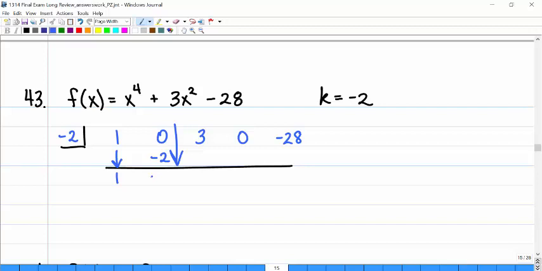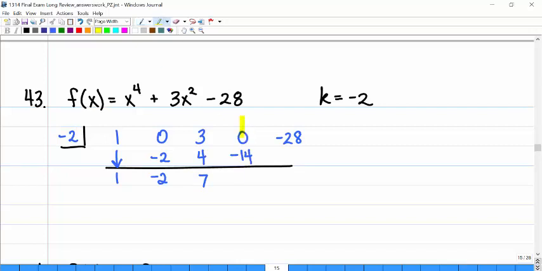0 plus -2 is -2. Now I say -2 times -2, which is 4. Now I add 3 plus 4, and I get 7. Now I do 7 times -2, which is -14.